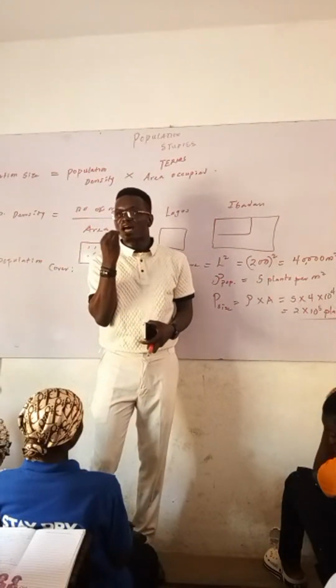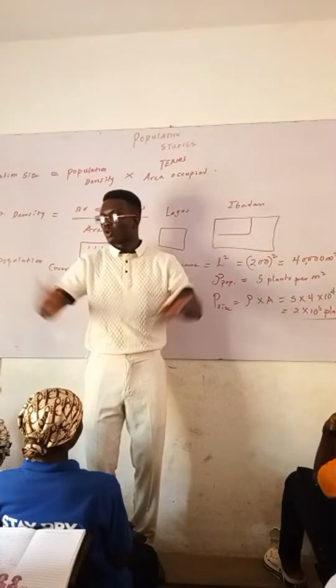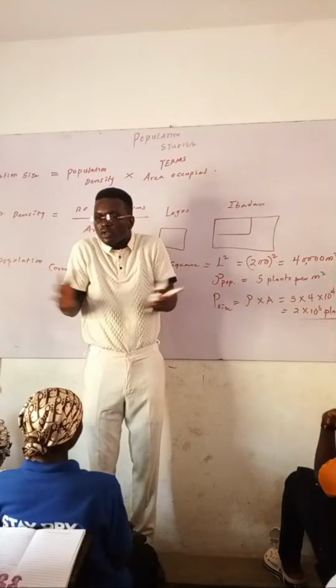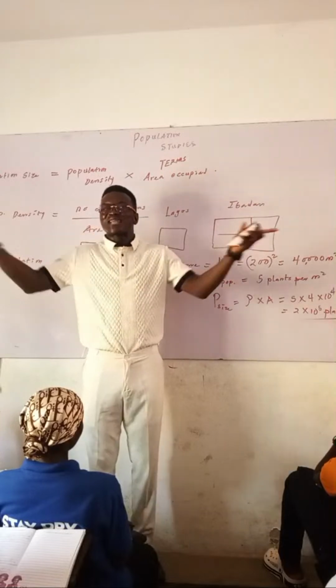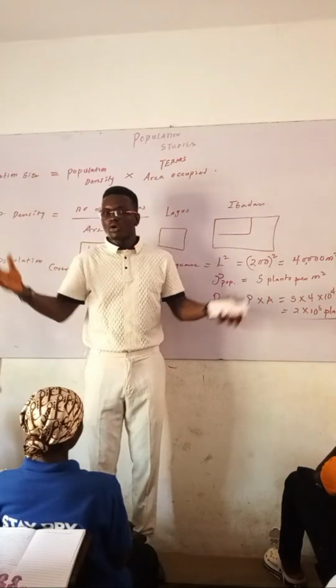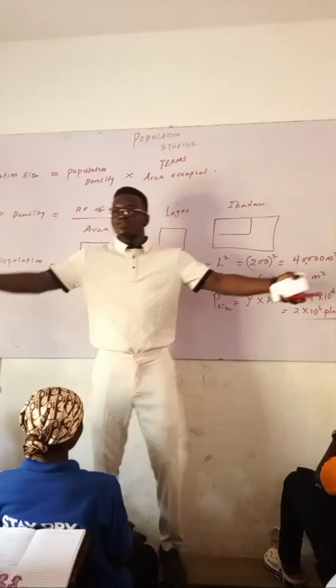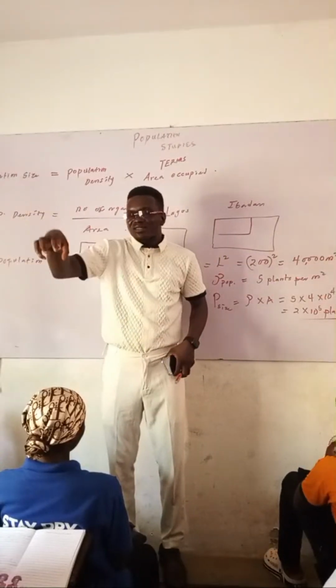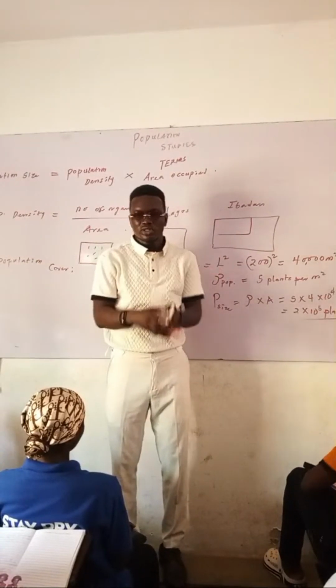It's just from the terms. Size is how many, density is how packed. If you have a bigger size in a small area, we have a higher density. Because this place is not so big, our density for this same size is getting to be too much.